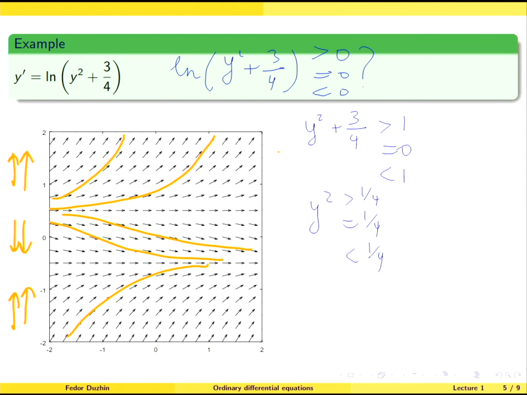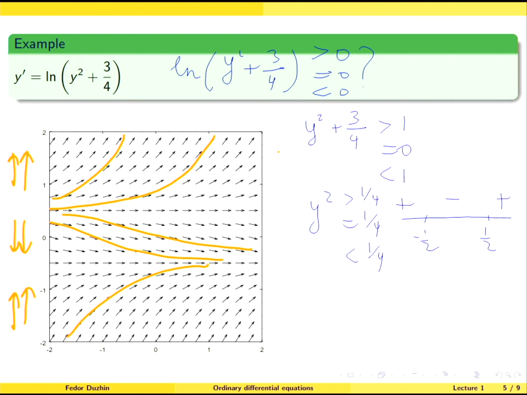And then the equation y squared equals 1/4 has two solutions, minus half and plus half. If this is minus 1/2 and this is 1/2, then if y is less than negative 1/2, then y squared plus 3/4 is bigger than 1, between minus half and 1/2 it is less than 1, and here again bigger than 1. Sorry, yeah, the ln of it is positive.